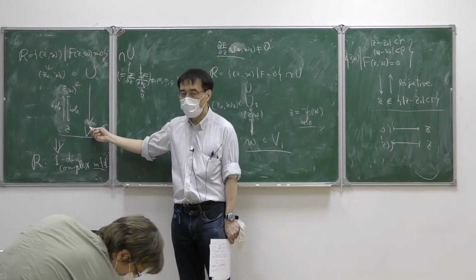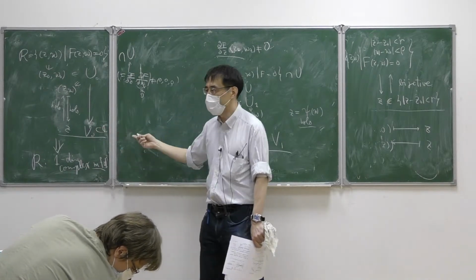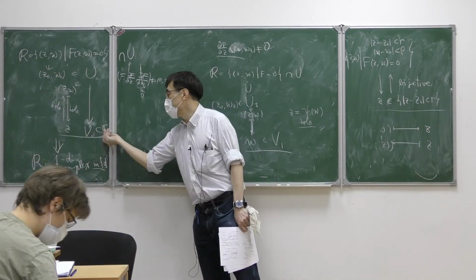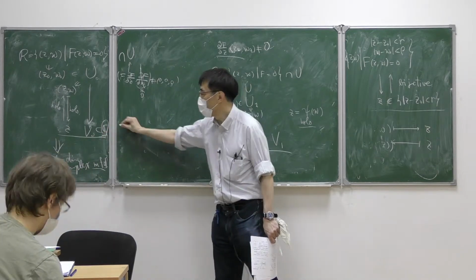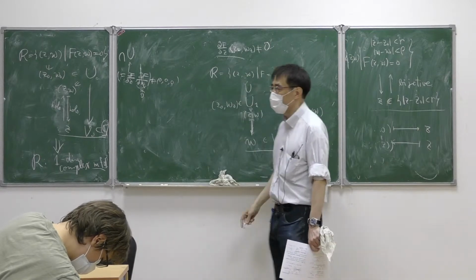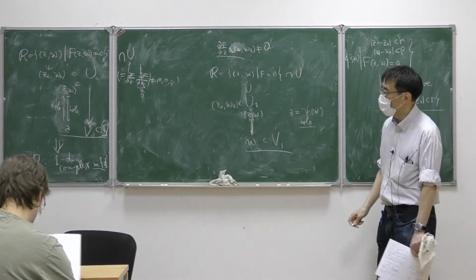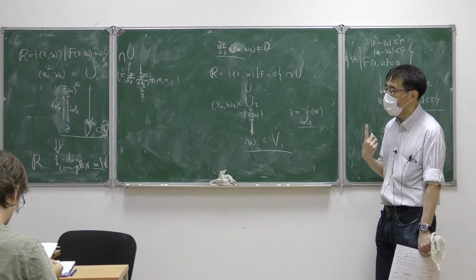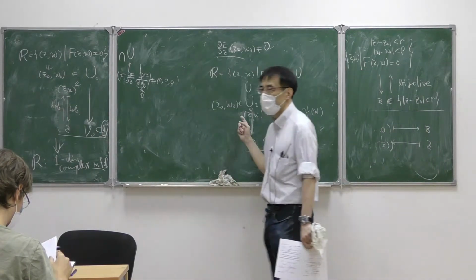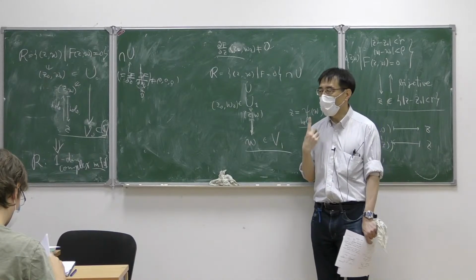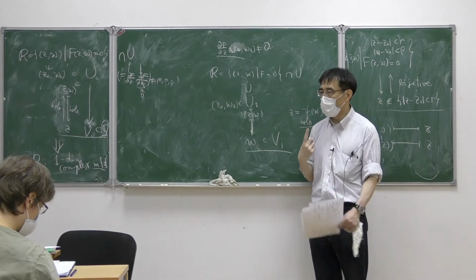So therefore, there is one-dimensional, which means that we have just one C here, a one-dimensional complex field here. So we have one coordinate, here Z, here W. Therefore, it is a one-dimensional complex manifold.